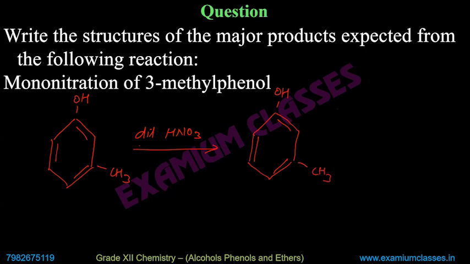There is possibility that ortho position is this one, ortho position is this one also. So there is a possibility that ortho can get attached here, but not. Because here you have more hindrance from this side due to these two groups. But from this side, you don't have that much hindrance.